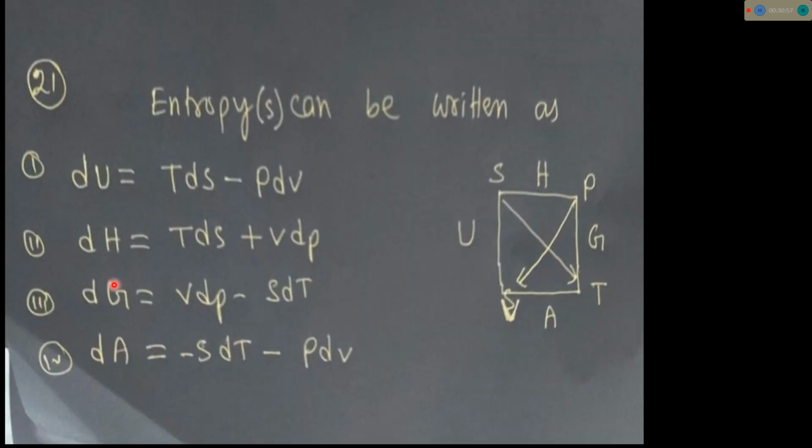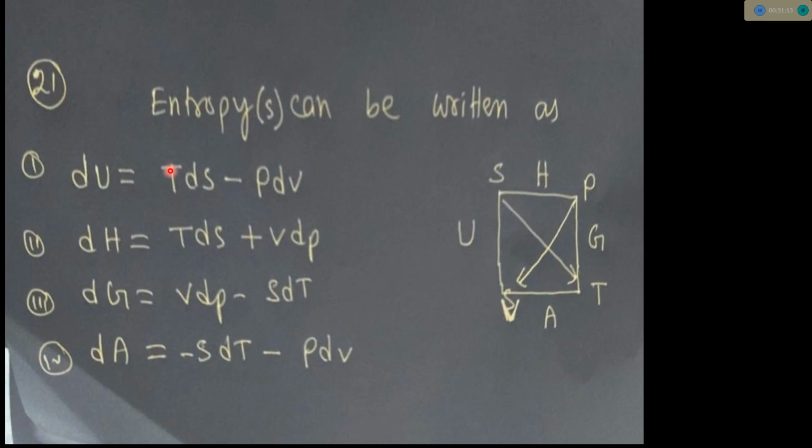So from these two equations we can derive another form of entropy. So from this formula we can write another form of pressure, volume, temperature. We can write in this differential form.